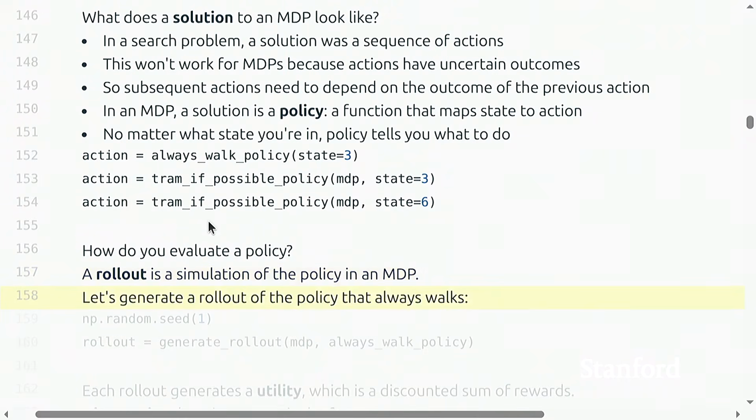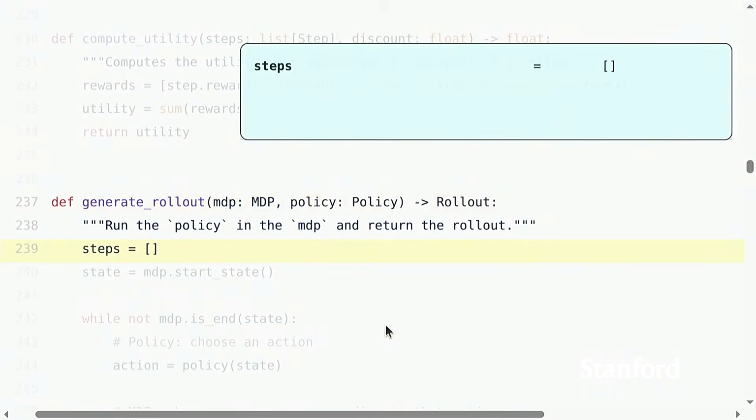Let's take an example, the policy that always walks. I'm going to have this function, generate rollout, that takes an MDP and a policy, and I'm just going to roll out that policy. You might have heard of the term rollout in the context of reinforcement learning. It's the same idea: you run a policy on your environment and you get some sequence of steps.